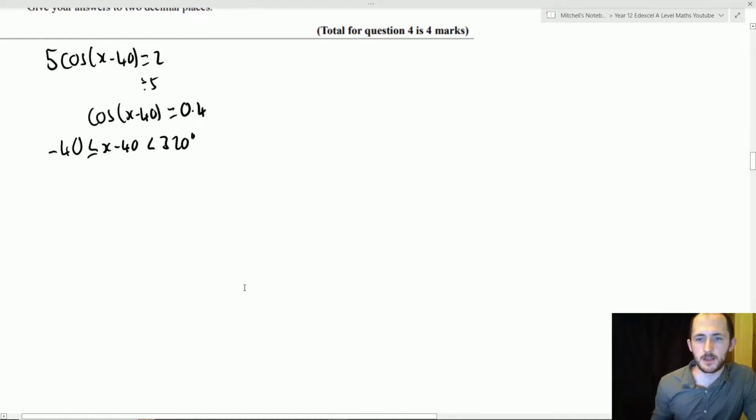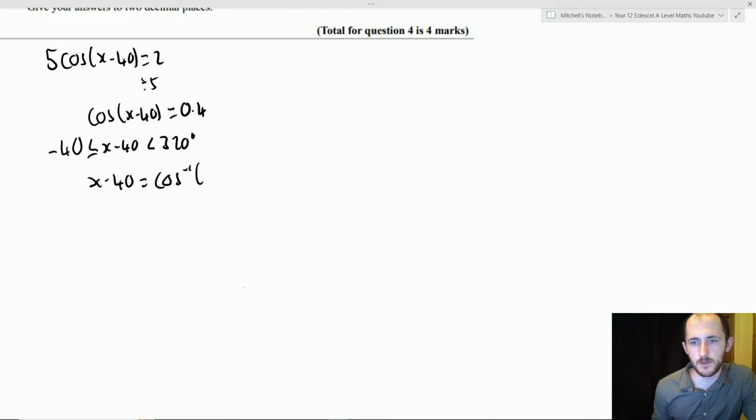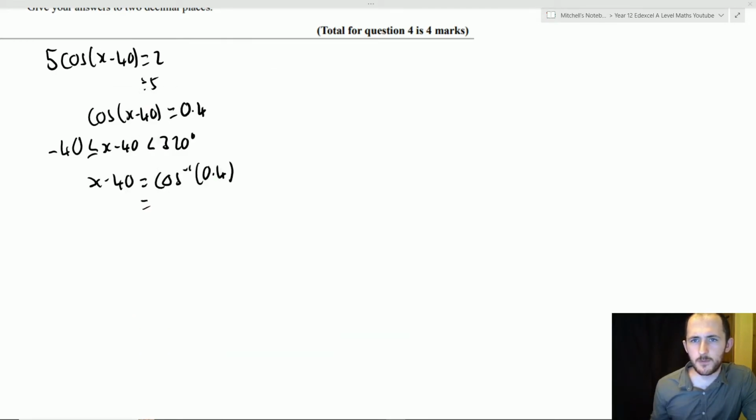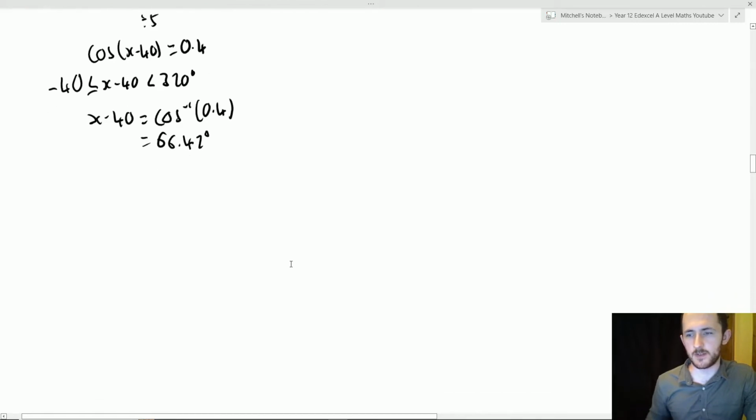Okay, so x minus 40 would equal the inverse cos of 0.4, which is 66.4, because again, actually no, it's 2 decimal places, my bad, 66.42 then. Once again, we're going to head over to the cast diagram.